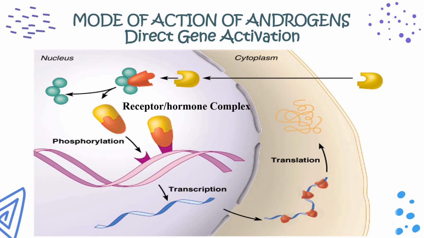Testosterone and dihydrotestosterone, like other steroid hormones, cross the cell membrane and bind with the cytoplasmic androgen receptor to form the hormone receptor complex. This complex moves from the cytoplasm to the nucleus.